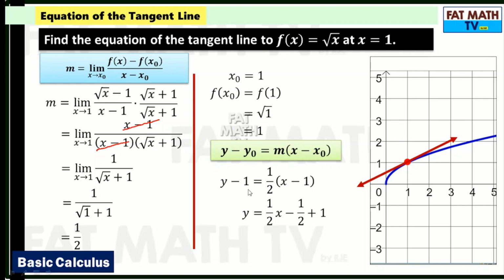And then this -1, if we put it to the other side, it's going to be +1. And -1/2 plus 1 is +1/2. So you will have y equals 1/2 x plus 1/2. So this is the equation of this tangent line to the graph of f of x equals square root of x at x equals 1.